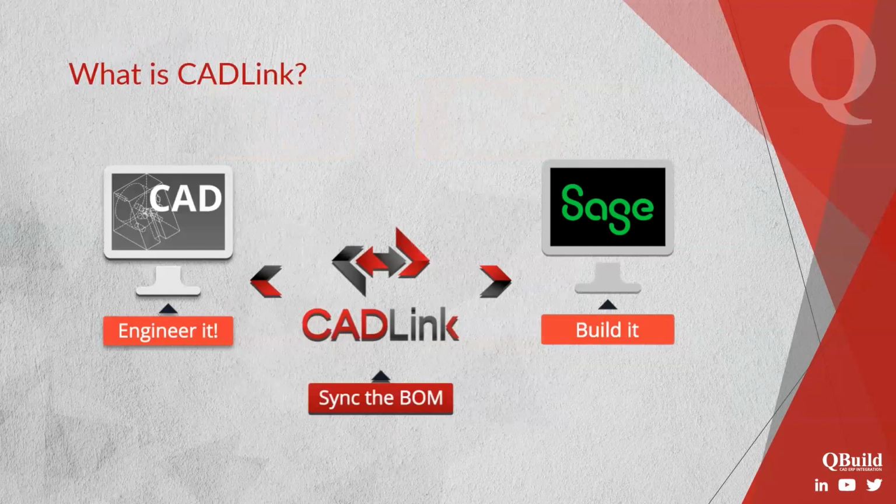All right, so we talked about why CADLink. We talked about some of the challenges that engineering faces with getting that information into Sage 100. We talked about some alternative methods that we see. Now, what is CADLink? What's this tool? CADLink is a tool that uses a real-time bidirectional link to pull and push item and bill of material information between your CAD model and Sage 100.